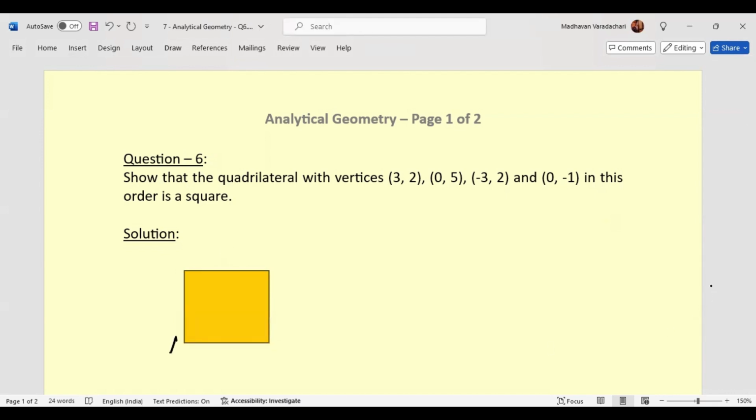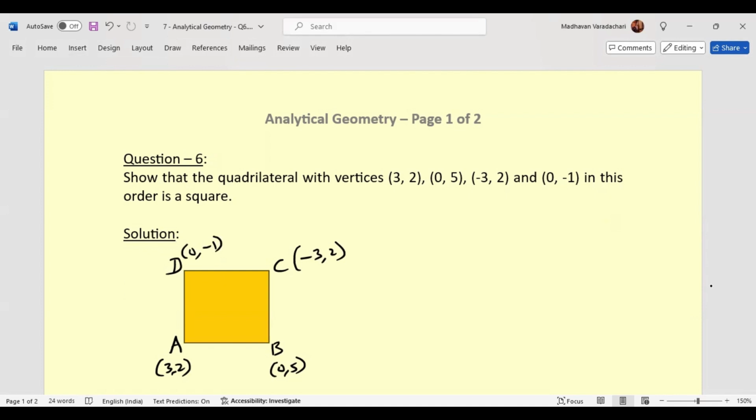And let us assume this as A, this as B, this as C, this as D. In that order means A we will consider as (3, 2), B as (0, 5), C as (-3, 2), and D as (0, -1).